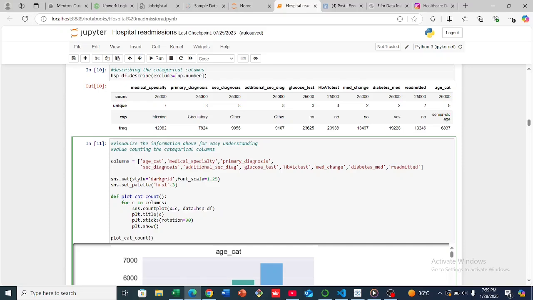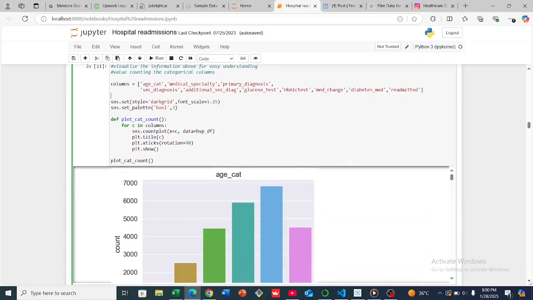So sns.countplot, and our x was going to take in c. When we are for looping through each column, that's c will be each column in our data, when our data is equal to our hospital dataframe, hsp_df. I also set the title to c, which is a variable looping through each column. Then I did the plt.show.